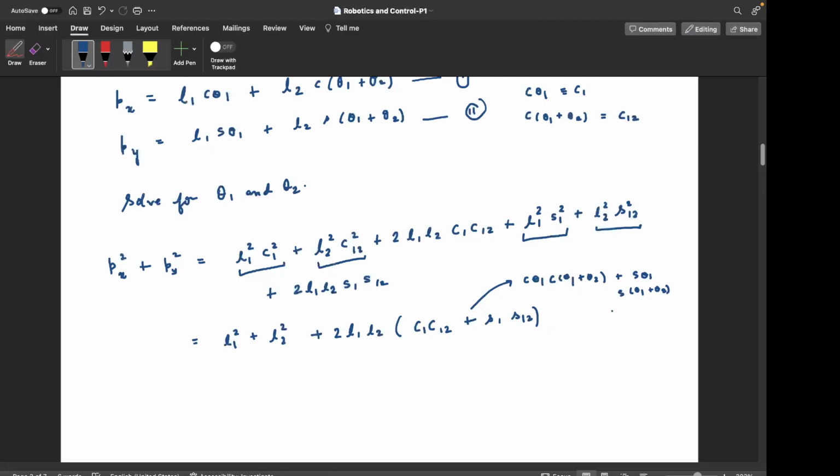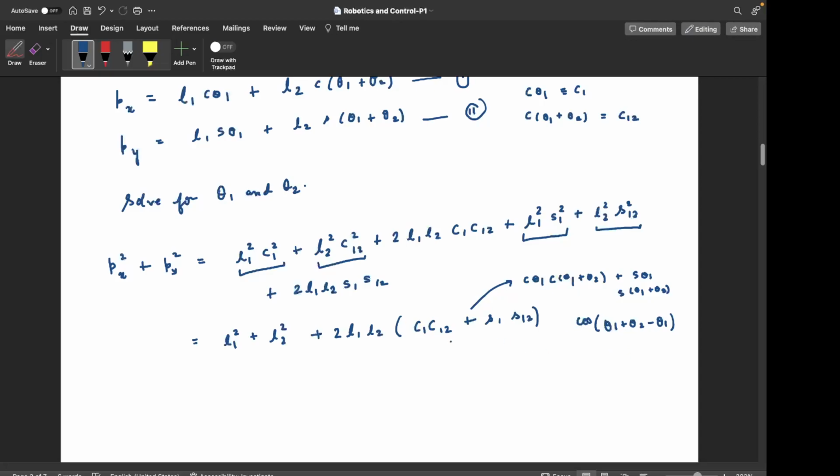So this is basically cos of (theta 1 plus theta 2 minus theta 1), the formula of cos(A minus B), where A is theta 1 plus theta 2 and B is theta 1.